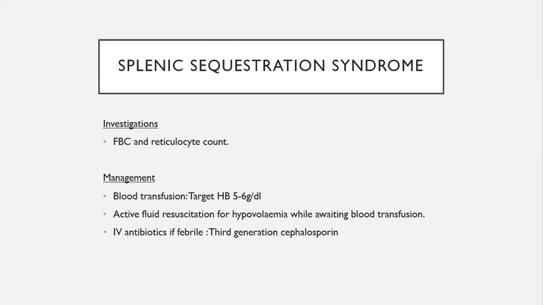You may also give active fluids for resuscitation for hypovolemia while awaiting the blood transfusion, IV antibiotics if the patient has features of sepsis, and again our go-to will be the 3rd generation cephalosporin.